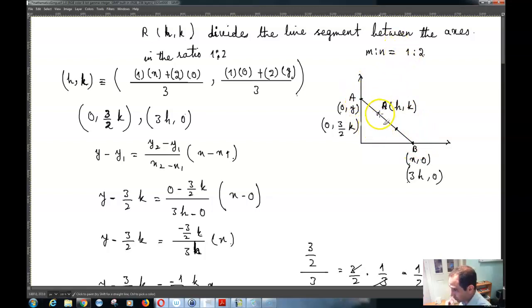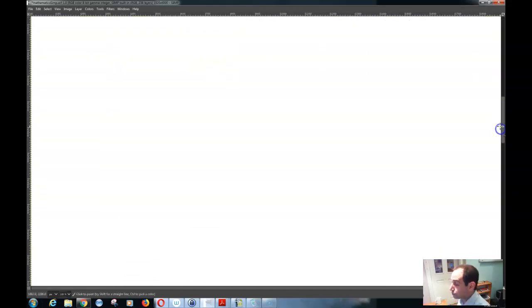Then you take one of these as m and one of these as n, and then of course the coordinates of this point are going to change. So that depends on that. There is another question over here.